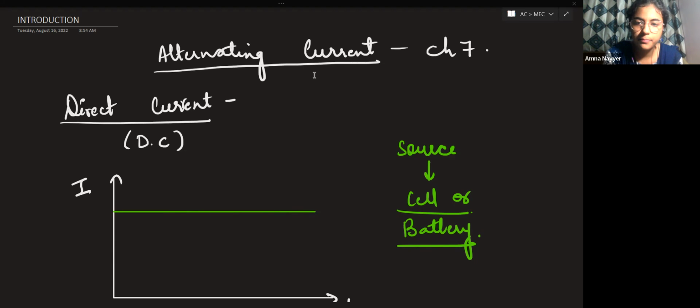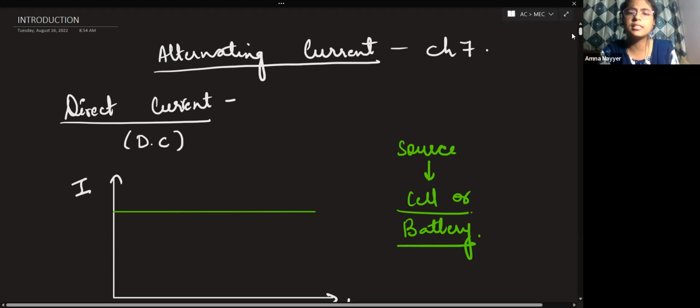Hamza, which form of energy is converted into which form with the help of the AC generator? Mechanical energy got converted to electrical energy.